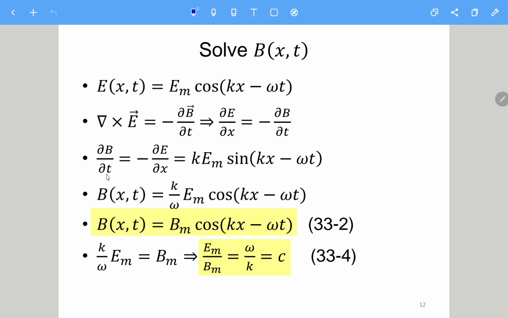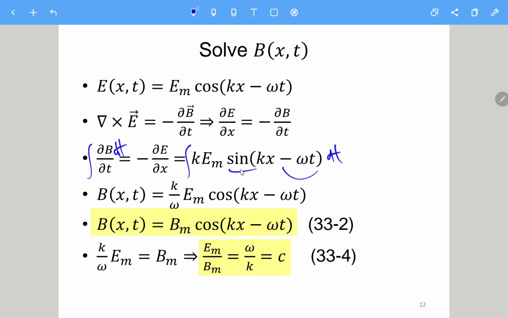Then you can take the integration of dt on both sides, so the dt cancels. On the left side, we only have B(x,t), and on the right side you take the integration with respect to t. Sine becomes negative cosine, but you still have the chain rule, so you divide by negative omega.